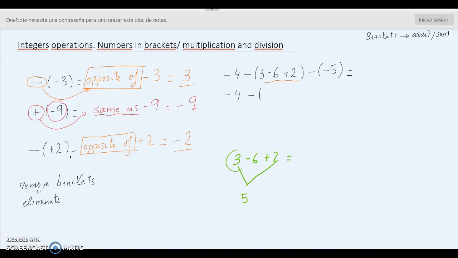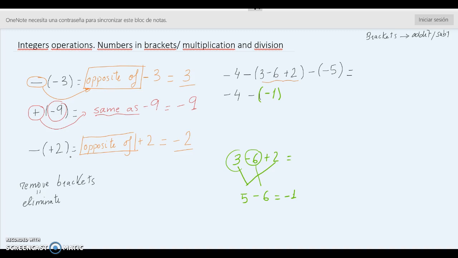Now I take subtractions and negative numbers. I have here minus 6 only. And if you remember, 5 minus 6 is minus 1. Okay, so this is minus 1. I close brackets.